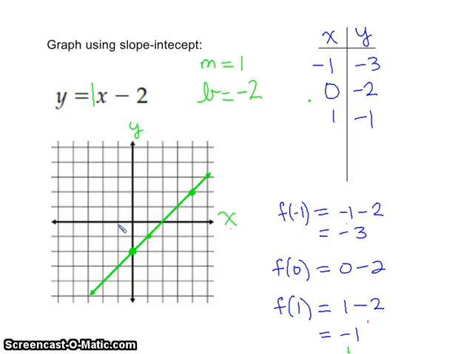So if you notice, we have (-1, -3), (0, -2), and (1, -1). Those are all points on our line. And if you notice how the table relates to the equation and to the graph, our y-intercept is when x is equal to 0. So that's -2, -2, and -2.